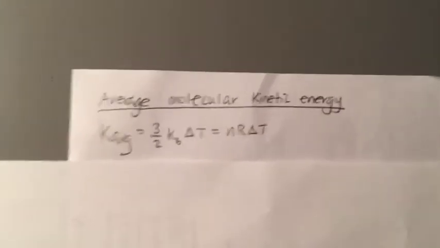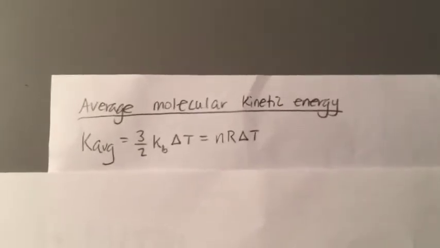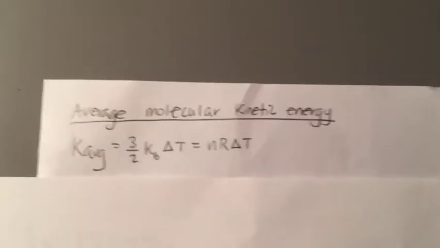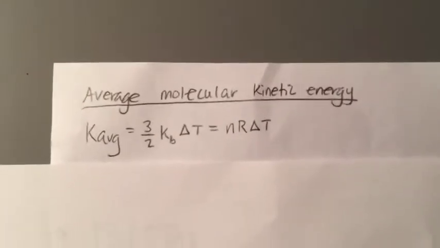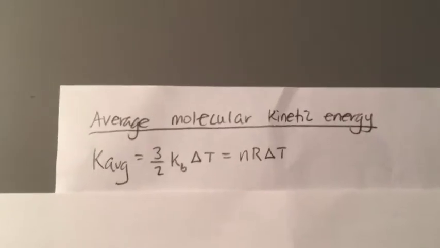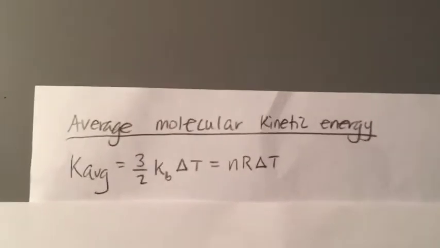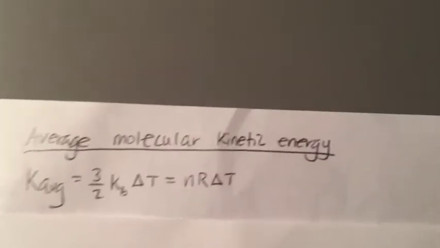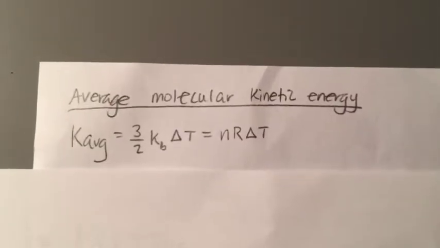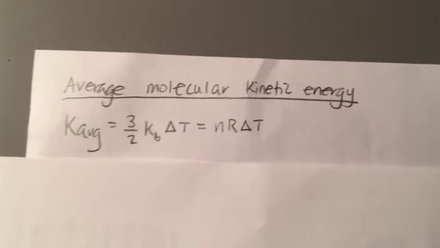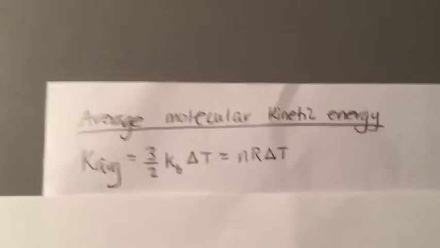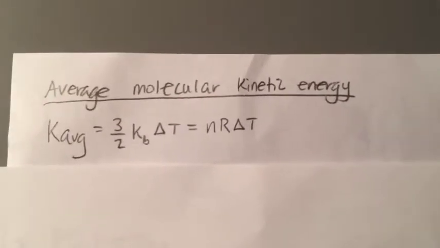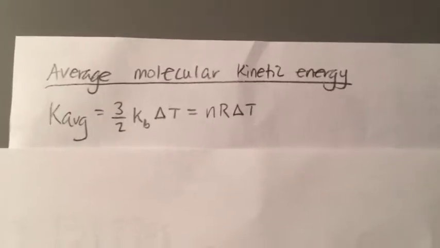Alright, so the first formula is the average molecular kinetic energy. That equals 3/2 kB times the change in temperature, and the kinetic energy also equals nR times the change in temperature, and kB is actually the Boltzmann's constant.